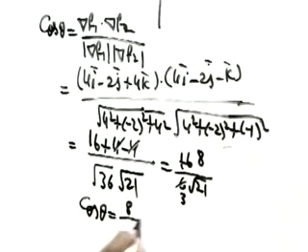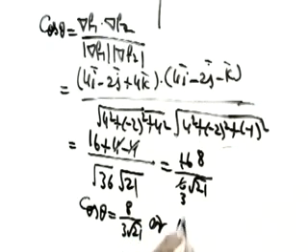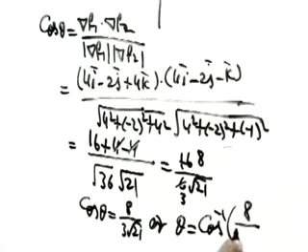So we got cos theta equals 8 by 3 root 21, or we can write theta equals cos inverse 8 by 3 root 21.